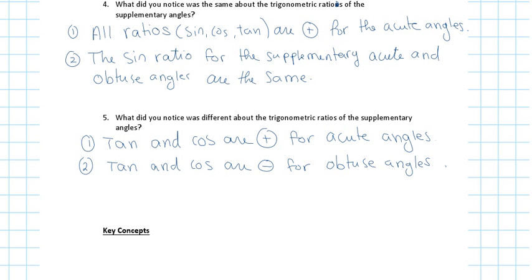But remember that tan and cosine of the supplementary angle still have the same value, except one is positive and the other one is negative. So you'd still have 0.765, both of them, but the obtuse one is negative.